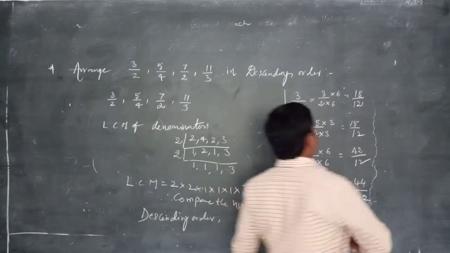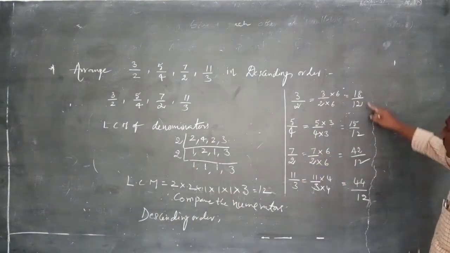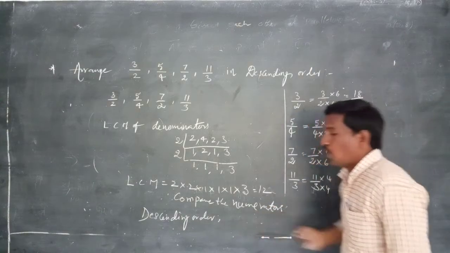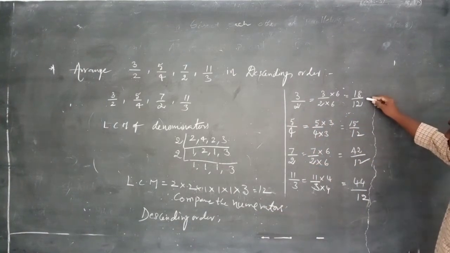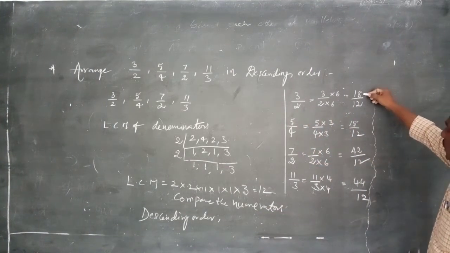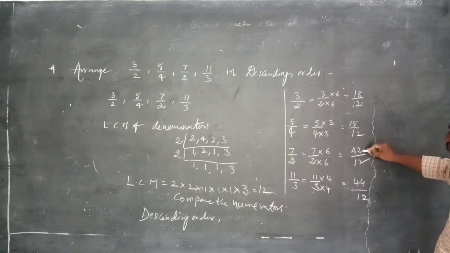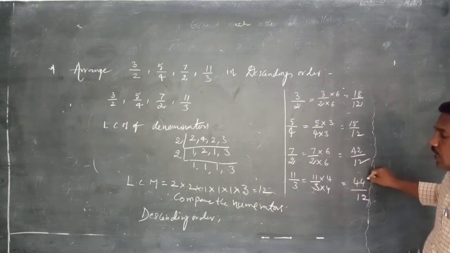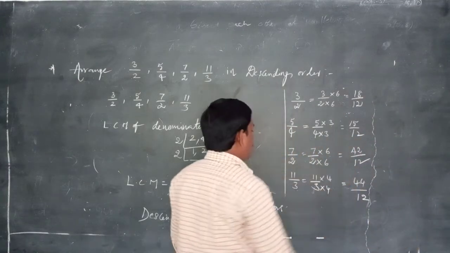Now in descending order means big to small. What is the greater numerator? 18, 15, 42, 44. So here 44 is the highest numerator value.